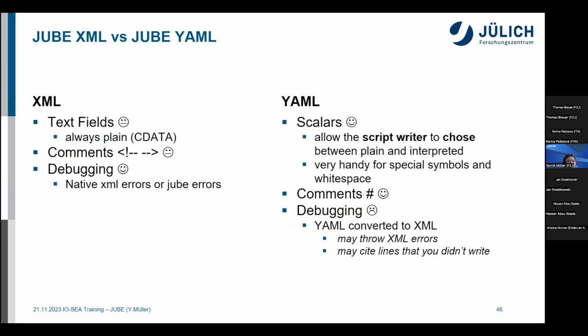Also, it might cite some lines where something failed, but these are again lines from the converted XML. So they are not related to anything directly in your YAML. You have to hope that it prints some surrounding code and names that you can make sense of.